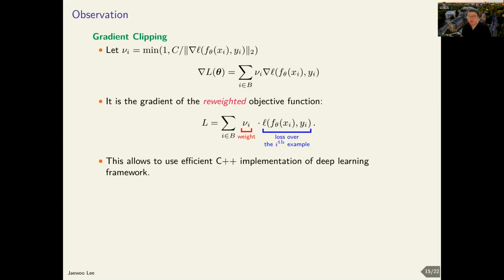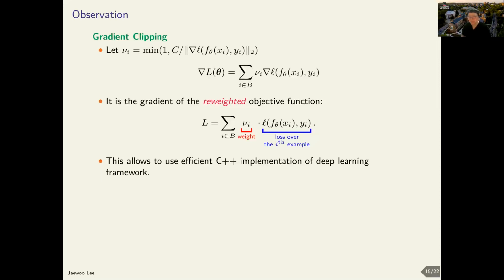And in turn, we observe that this weighted gradient is the gradient of the reweighted objective function, L. That means once we have calculated these weights for each example, then using the existing deep learning framework, we can calculate the clipped gradient.